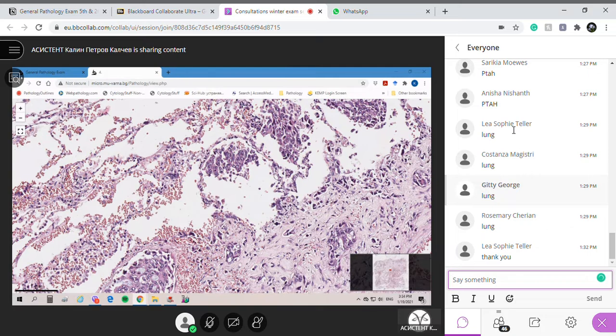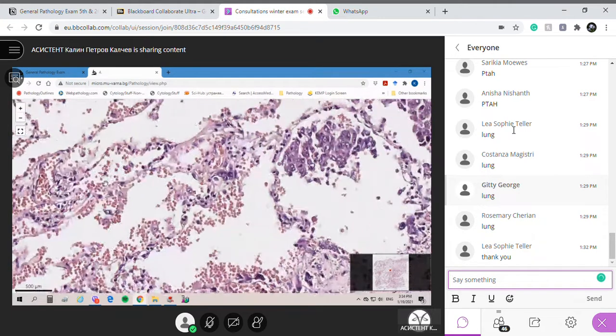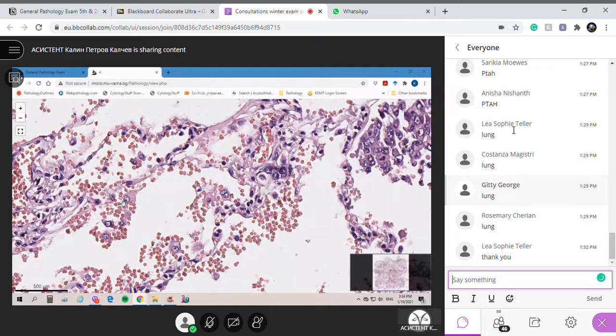And the third mechanism we see only in the smallest of the vessels, like these capillaries here. You know that the capillaries have small holes in their wall, and if we increase the hydrostatic pressure in them, these red blood cells may go through these holes, and here they have gone into the alveolar space.